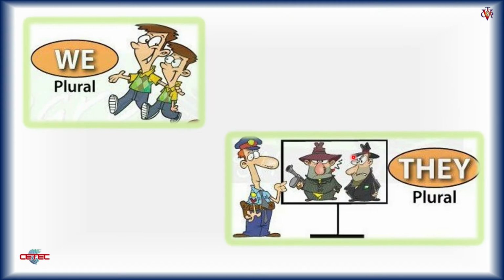Now we have the plural ones. Another plural is when you are paired with another person or people, but it's more than 2, and you are included. That's the reason why you have to use we. And they.